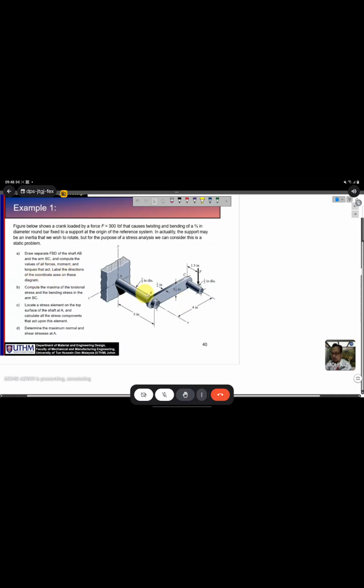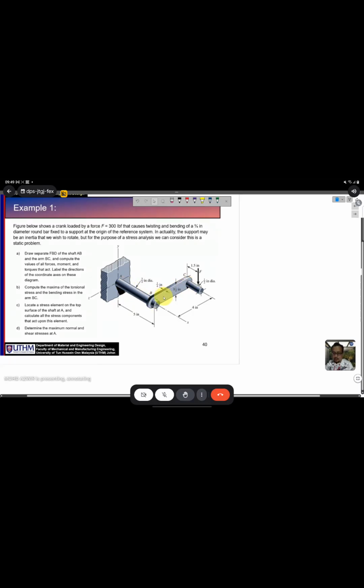Okay, so which one do you want to calculate first? Whether you want to calculate at the rod or at the arm? Which one? Any suggestion? From point A, yeah, because we want to calculate at point A. But in this question, they ask you to calculate both at the rod and also at the arm.